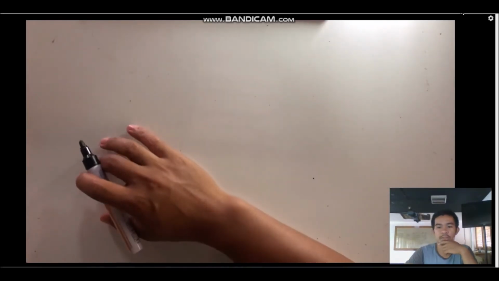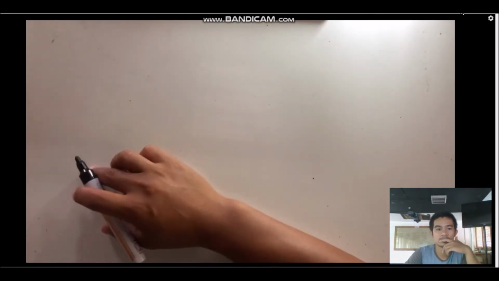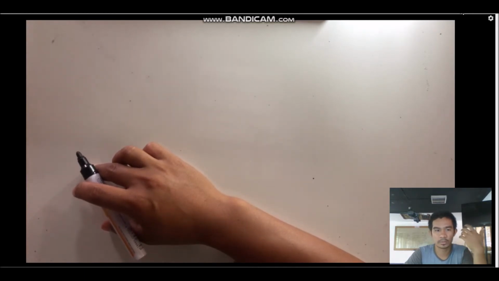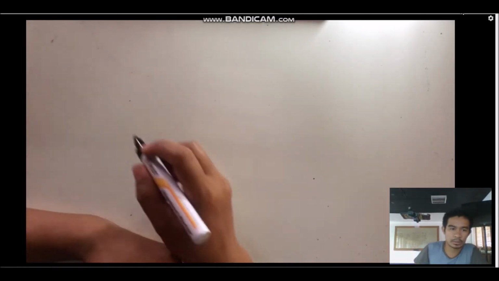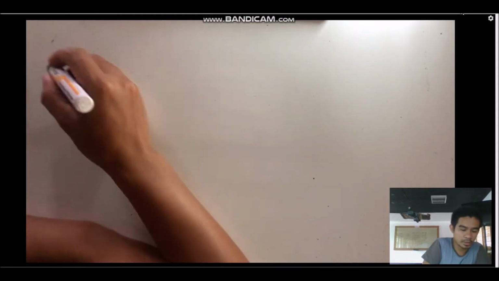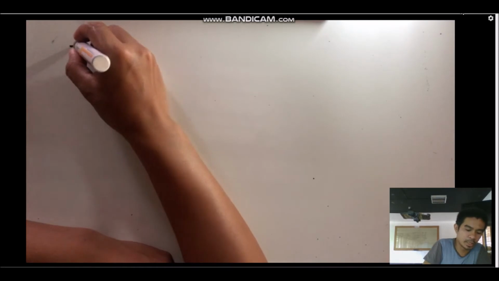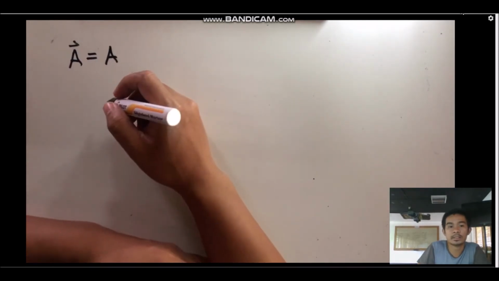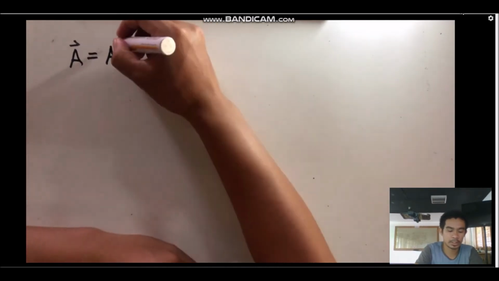Now, vectors can be expressed according to their magnitude and direction, and also in terms of their components with their unit vectors. If you can still remember, vectors can be expressed in terms of magnitude and direction, so we have vector A equals the magnitude A, with theta as the direction.